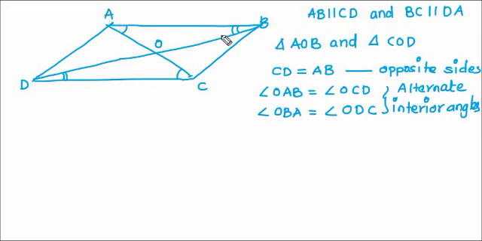Why? Because AB is parallel to CD and BD and AC are transversals. When AC is a transversal, this angle and this are alternate interior angles. When BD is a transversal, this angle and this are alternate interior angles, and alternate interior angles are equal. Using the angle side angle congruency, we can say that these two triangles are congruent.